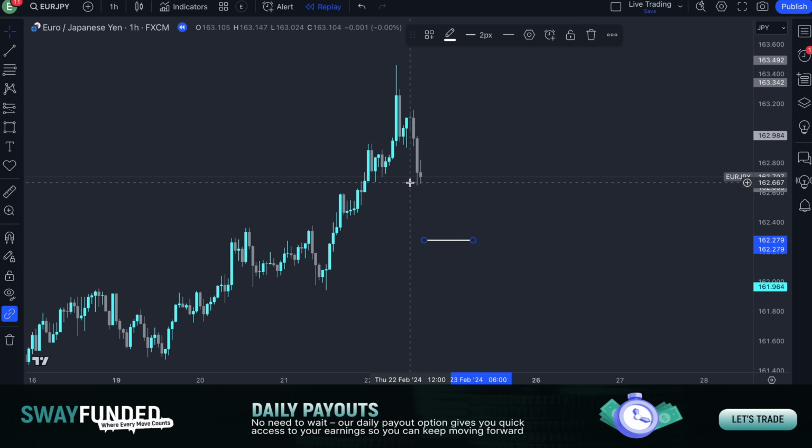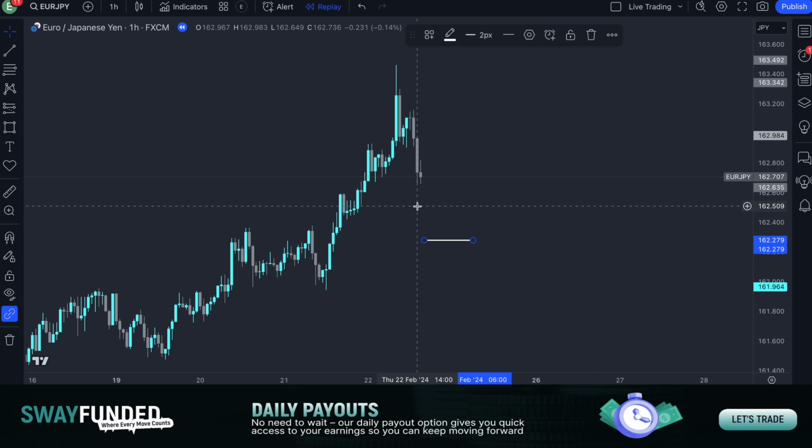It did not break the low of the previous candle. It retraced. And again, I'm happy to make a video on this, but as you can see on the top left, you can see the high, low, close, open of each candle.